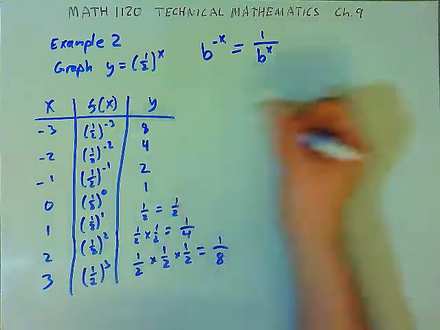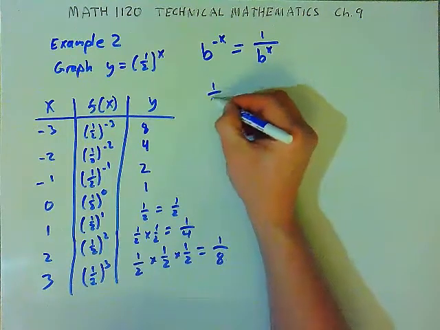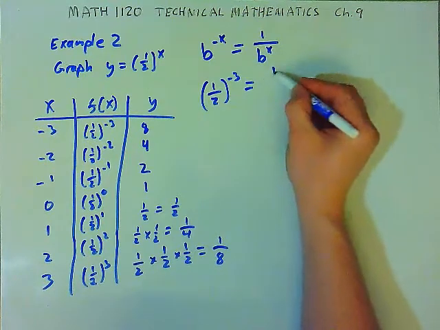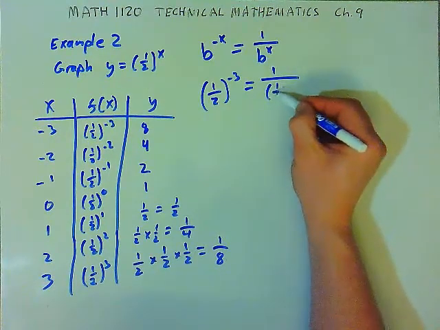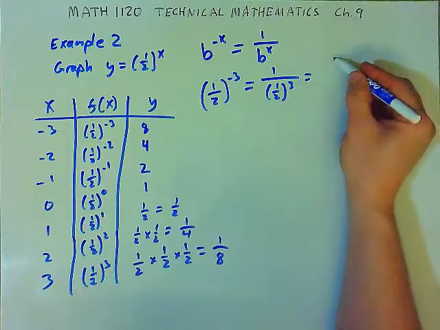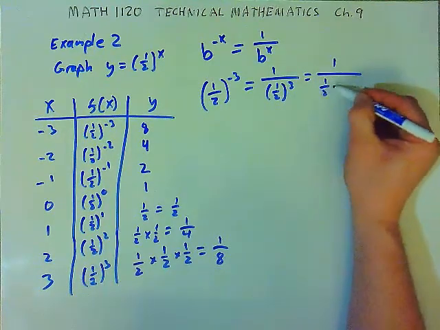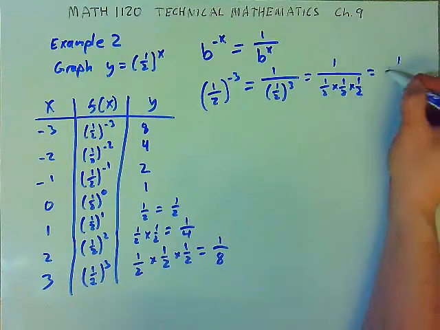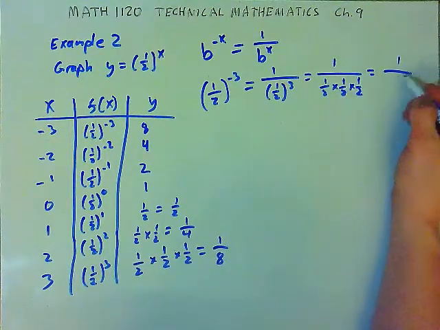And so, for example, when we have 1/2 to the negative 3rd power, that is the same thing as 1 over 1/2 to the positive 3rd power. And so that means we have 1 over 1/2 times 1/2 times 1/2, which is 1 over 1 times 1 times 1 is 1.